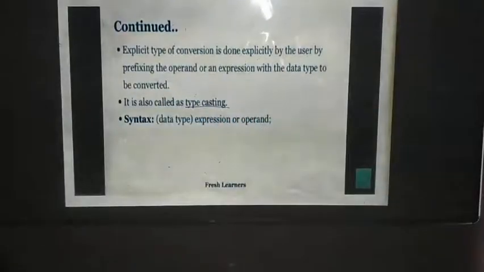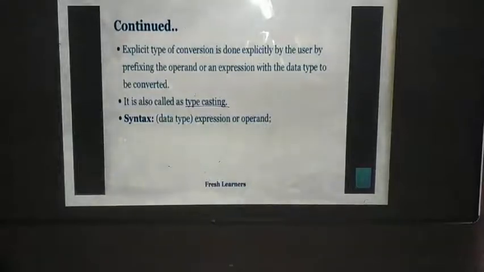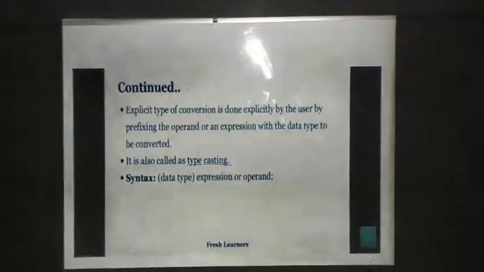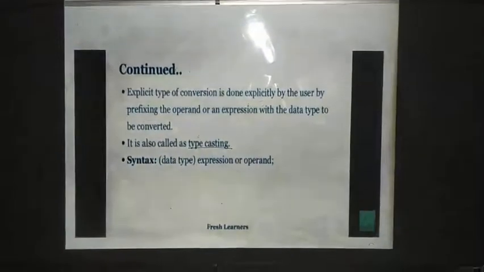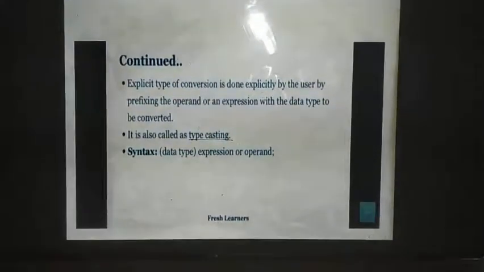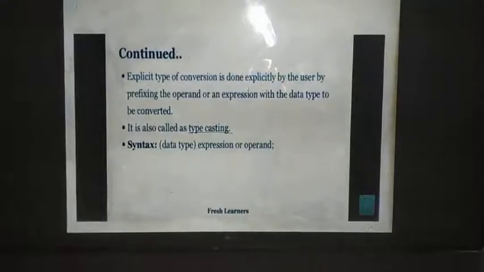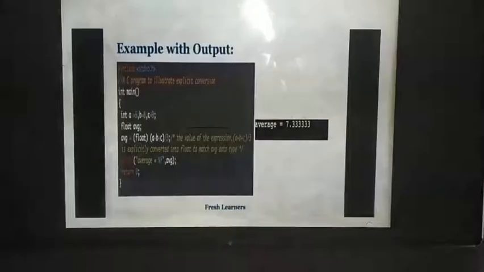Prefixing means giving a value before, so we give the data type before the variable. See, here we can have an example of explicit conversion.